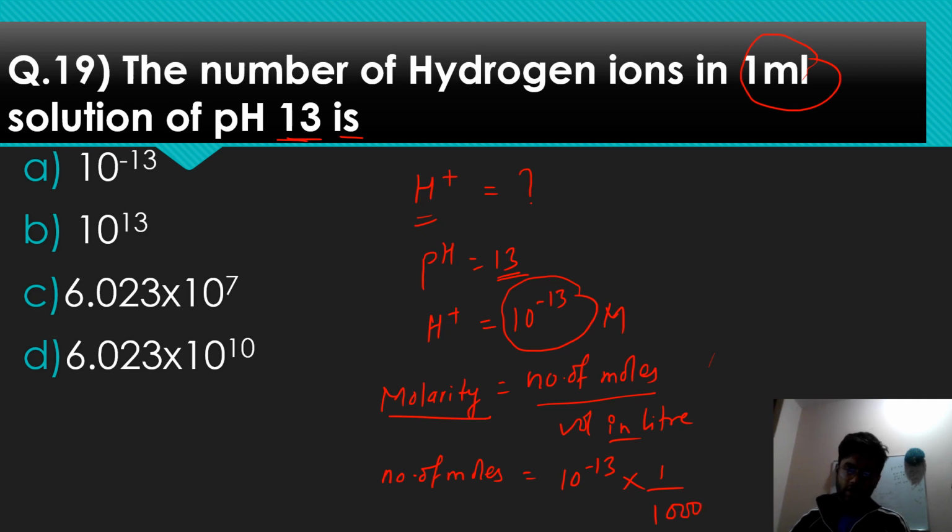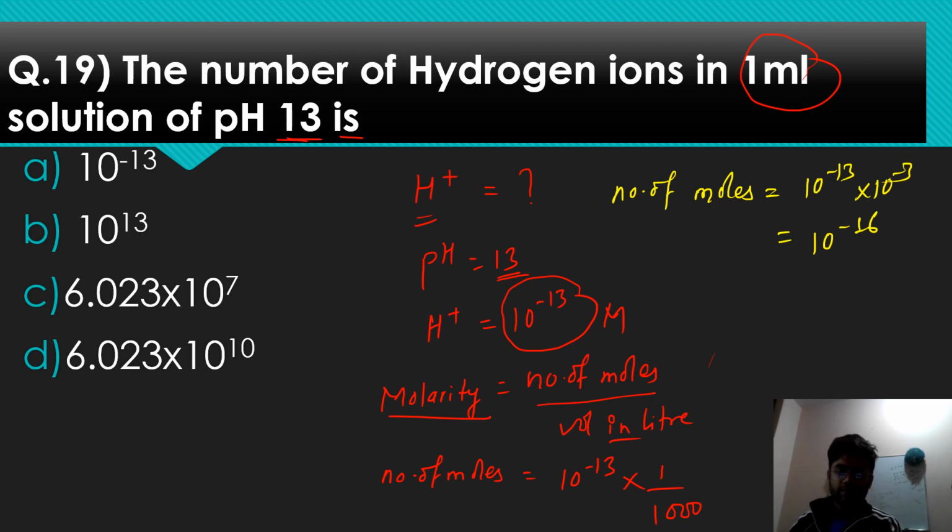Therefore, number of moles equals 10 to the power minus 13 into 10 to the power minus 3. Then 10 to the power minus 13 and minus 3, that is minus 16. This is the number of moles of hydrogen ion, H plus ion.